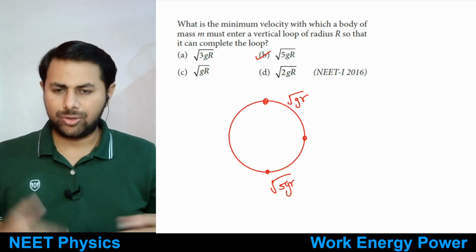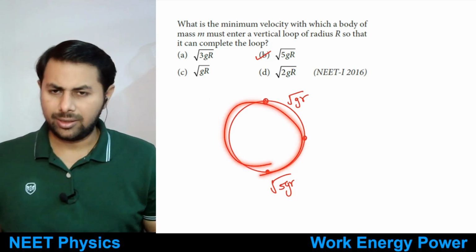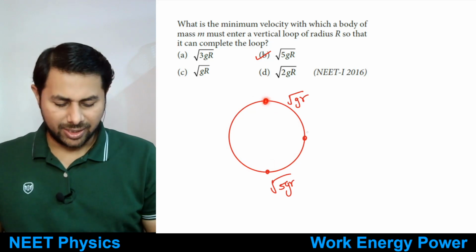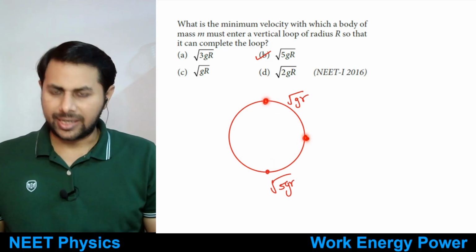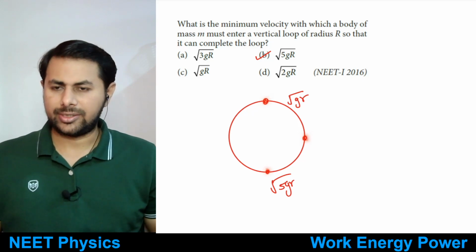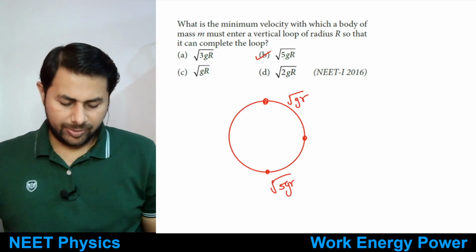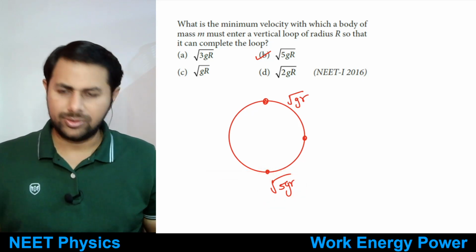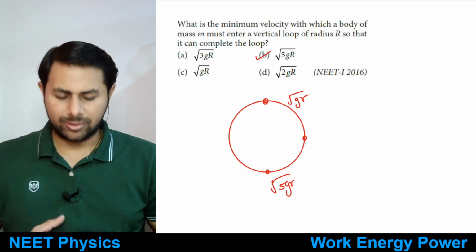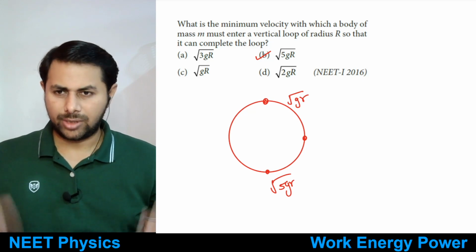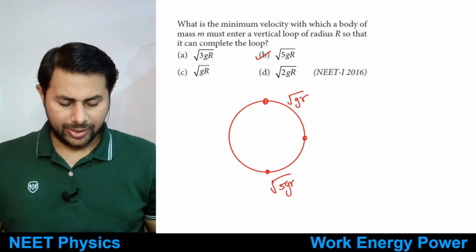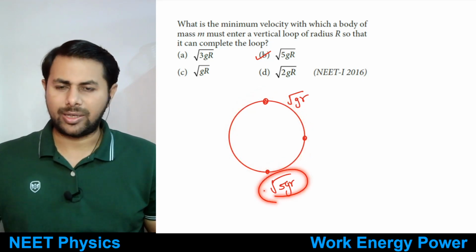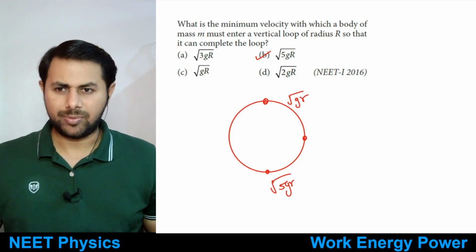We need to be sure that it completes the circle. We don't know where it enters from, whether at this point, this point, or this point. So if it enters at the lowest point, the minimum speed should be root 5gr. If you want to be sure that it completes the circle, then the minimum speed is root 5gr. So that is very simple, right?